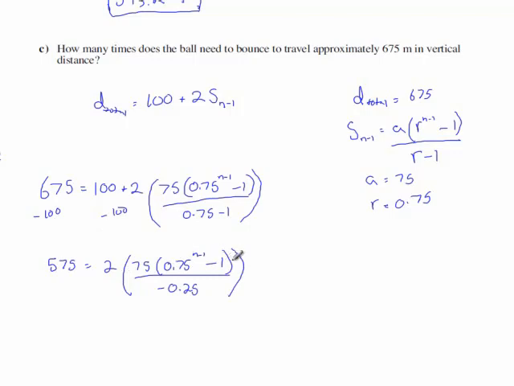Okay, so this group I need to get by itself, so I'll divide by 2 and divide by 75, and then I'll multiply by negative 0.25.